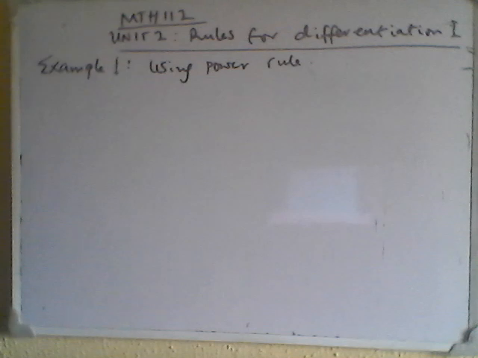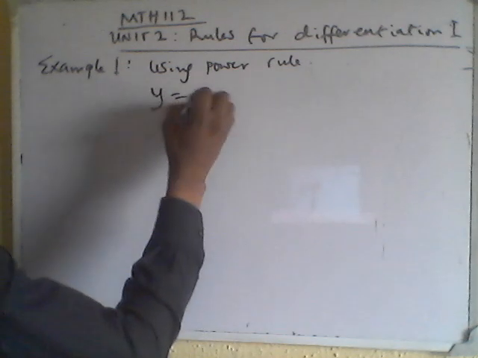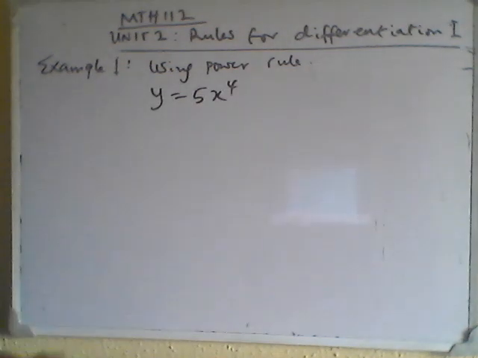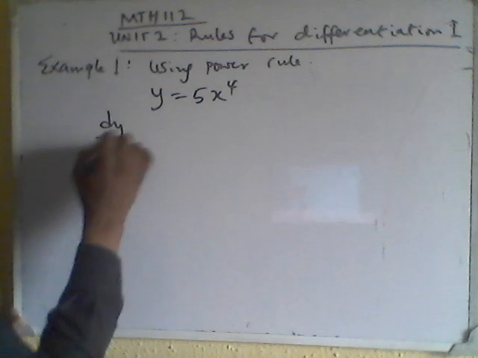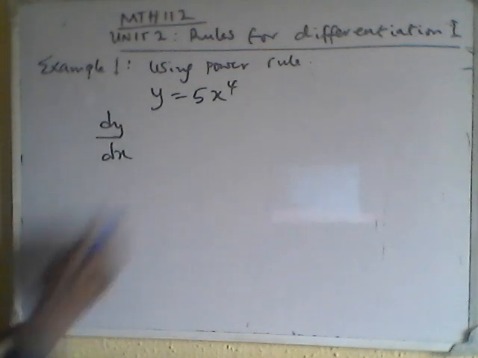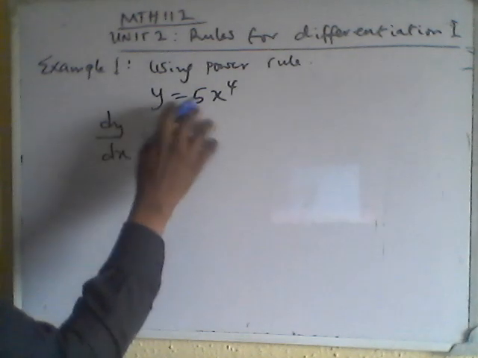So I'll quickly walk you through some examples, for example using the power rule. If, for instance, I have y equals 5x raised to the power 4, and I'm asked to find dy/dx of this particular function. So this is a constant term.